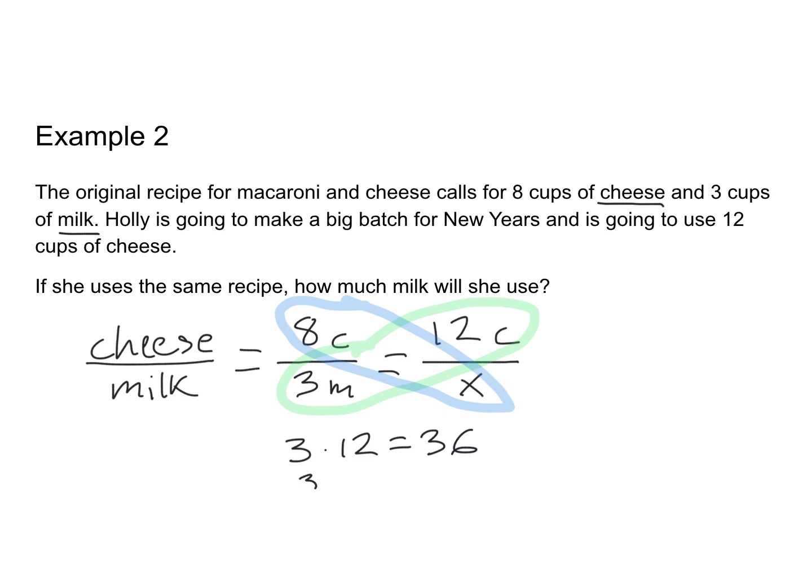So I'm going to do 36 divided by 8, and 36 divided by 8 is 4.5. So what that's telling us is that she is going to use 4.5 cups of milk.